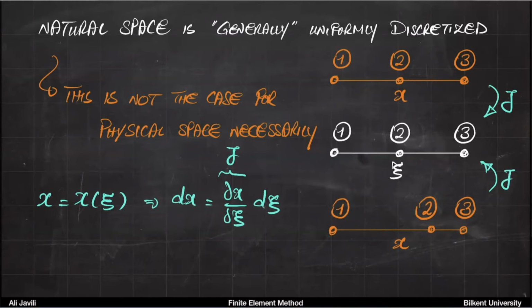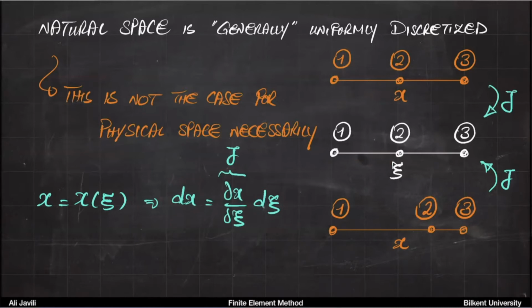Now, you can imagine that in the first one, this point comes here, this point comes there. The Jacobian is constant in the first case, because this half portion of the domain up here would also be transformed to half portion of the domain. Remember, this Jacobian is basically the weighting between a length in the physical space and the corresponding length in the natural space.